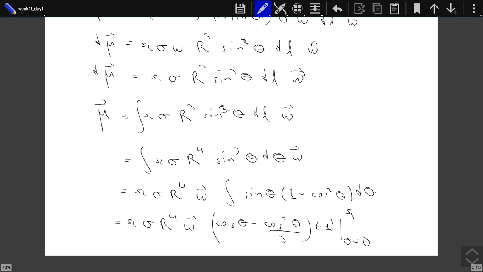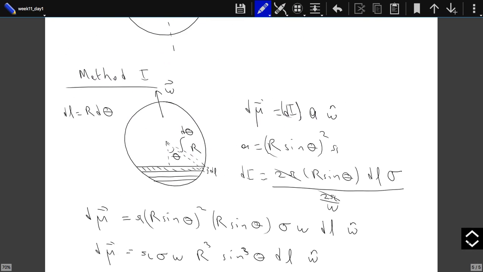Do you agree? Well, let's see, how did we define the theta? Why? Now, you see, the downward direction is theta equal to 0. The upward direction is theta equal to pi, not 2 pi.